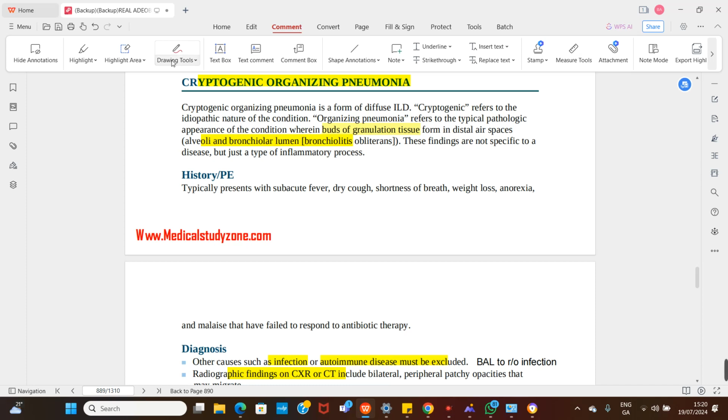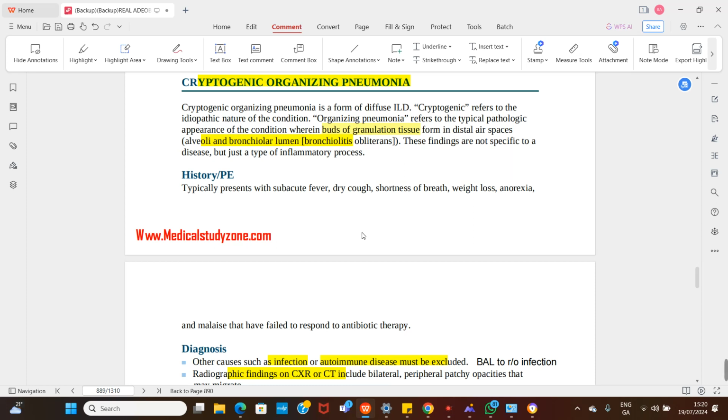Okay. This condition is an idiopathic condition. What happens is that you have granulation tissue being formed in the alveolar duct and the bronchioles. We don't know the cause. Now, how will the patient present? They are going to have features of pneumonia.